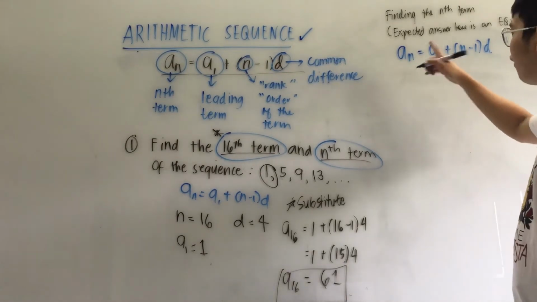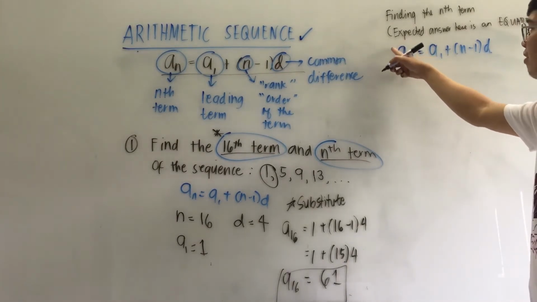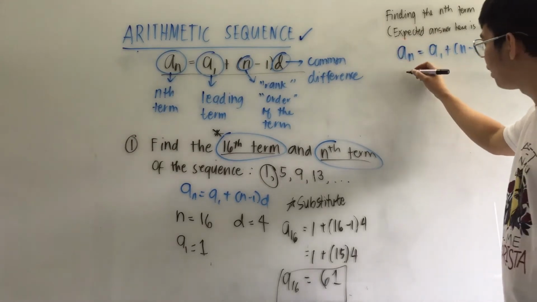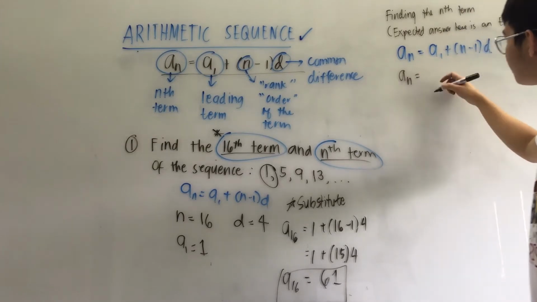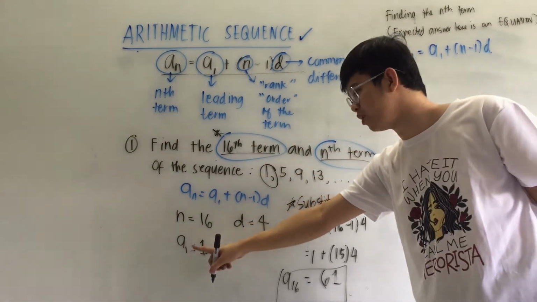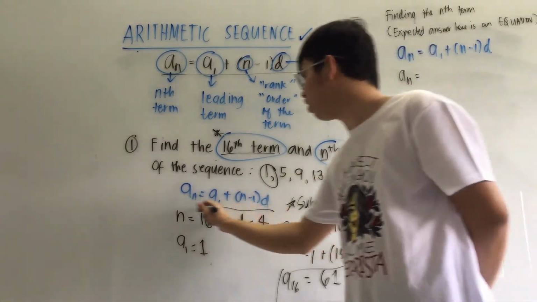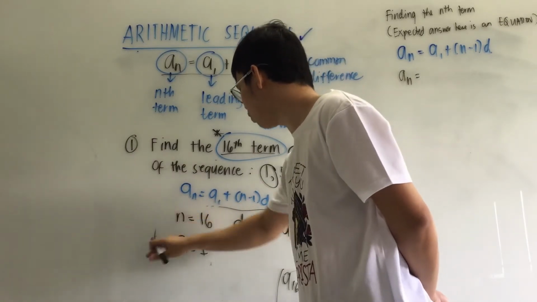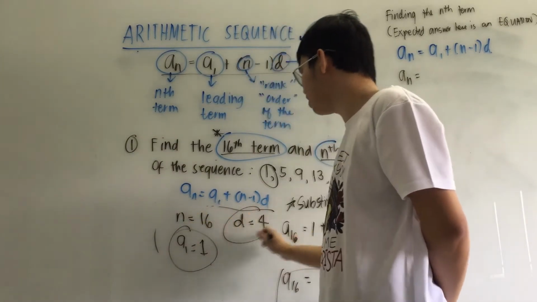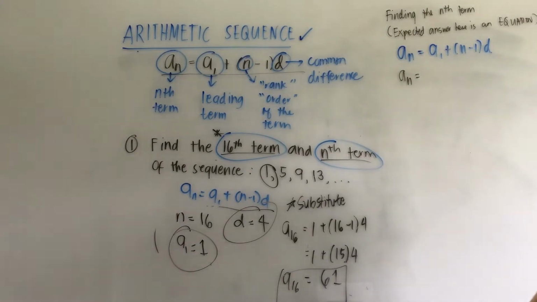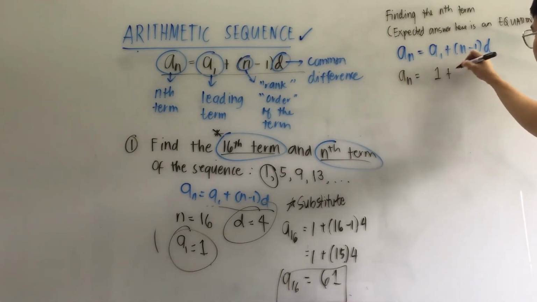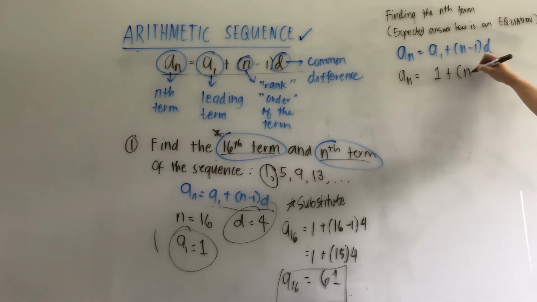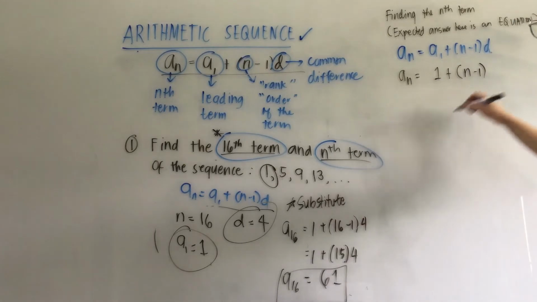So therefore you don't have to change anything here. So you will be writing a sub n equals a sub 1. We will be using the same set of values, except for n, of course. a sub 1 is 1 and d is 4. Therefore a sub n equals 1 plus n minus 1 times the difference, which is 4.